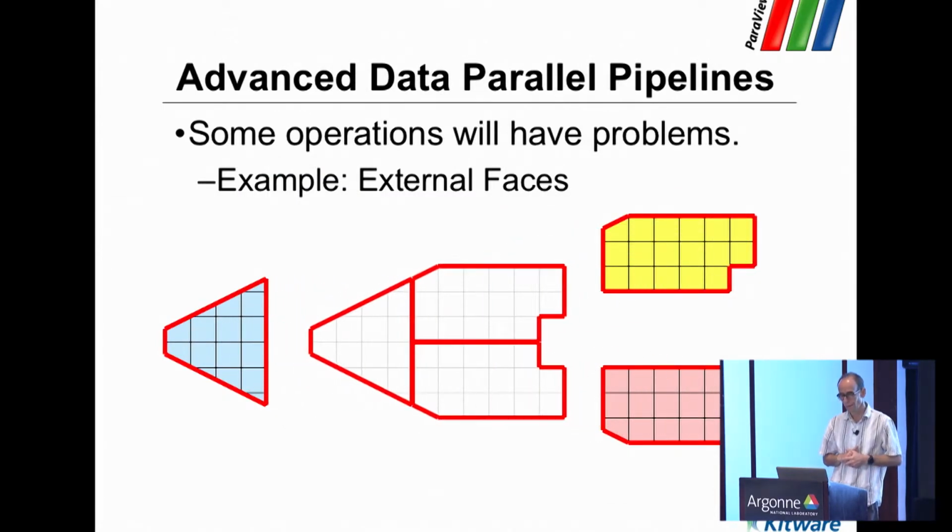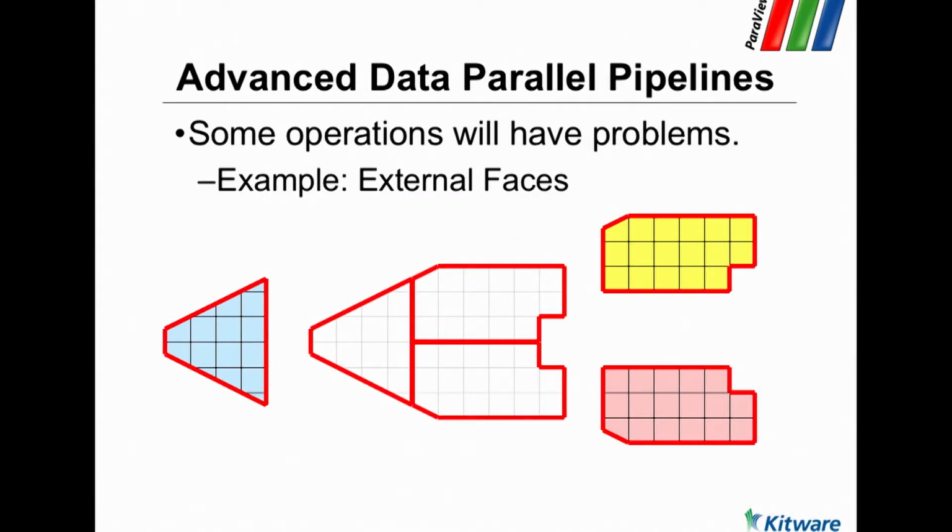Let's look at another case, where that simple model we showed at the beginning, where you just do your processing as before on individual pieces of the data that are distributed to different nodes, doesn't work that well. You have the same data, you distribute that on 3 nodes, and you want to find the external faces, or in our case, external edges.